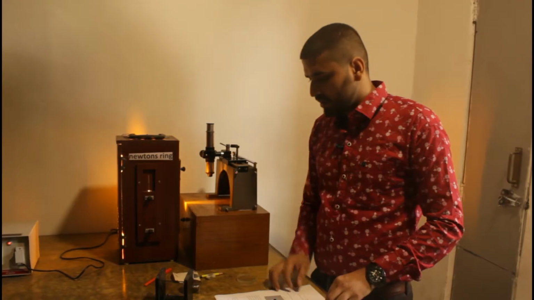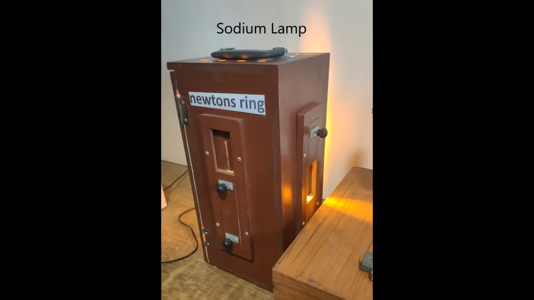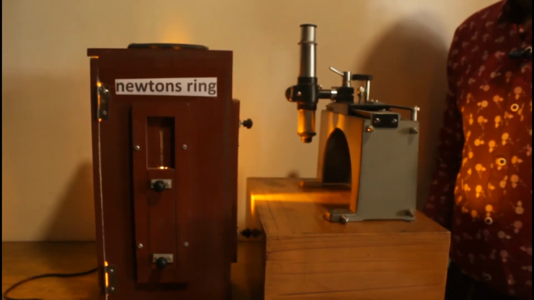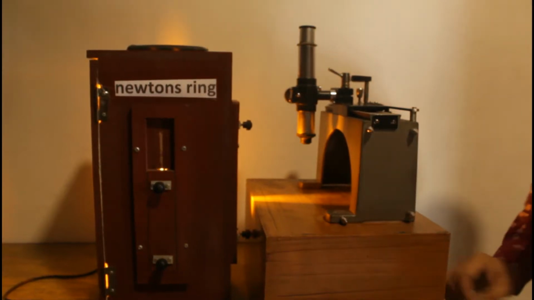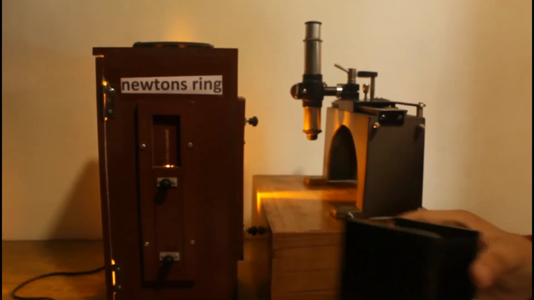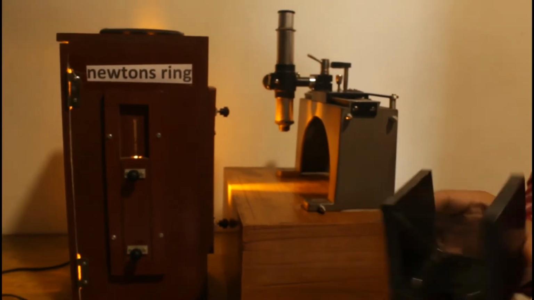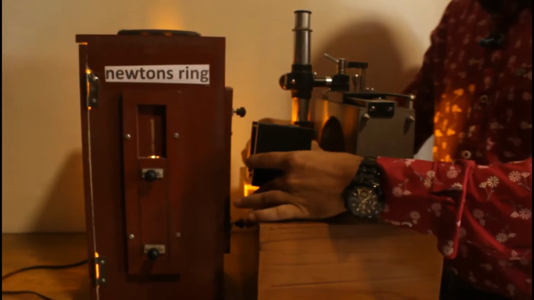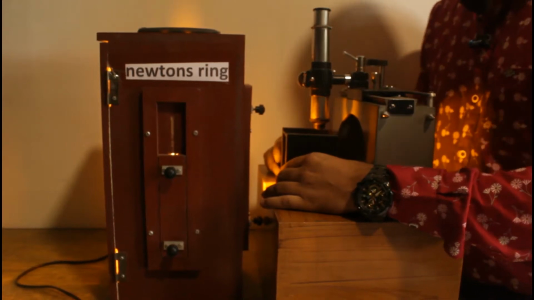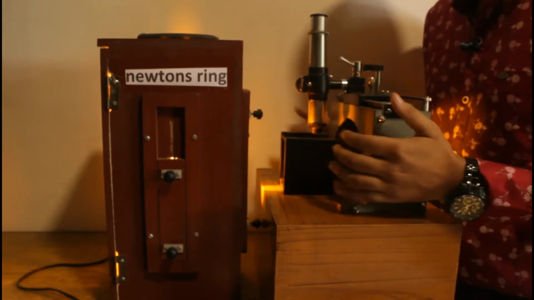Now we will talk about the procedure section. Now we will discuss the experimental setup. So let's follow the procedure. As I discussed earlier, this is a 45 degree glass plate, and I have to place it in front of the sodium lamp, the opening, and make sure that it is aligned vertically and horizontally.